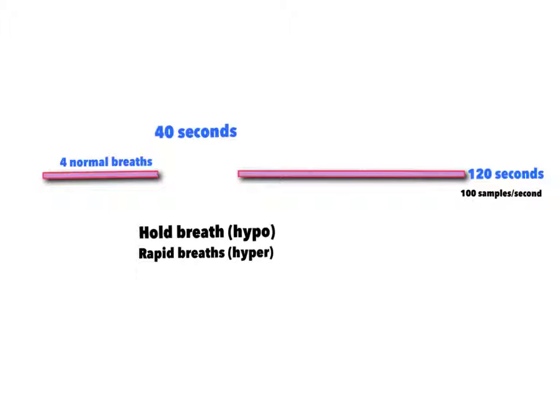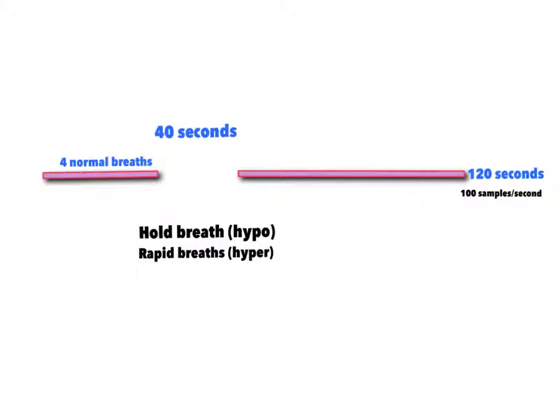When you connect your spirometer to your labcast, you want to make sure that you're going to collect data for 120 seconds. In that same menu, you make sure you also set it for 100 samples per second. Then when you're ready to start the experiment, you start by inhaling and exhaling 4 times.